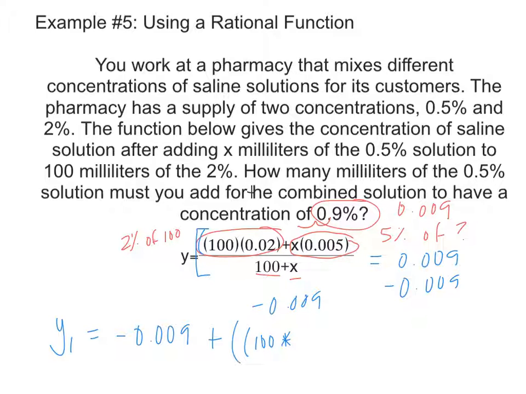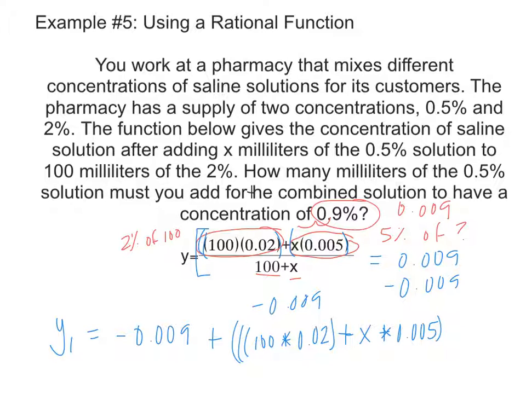and actually you need one more parenthesis just to be able to do this section here. So that's 100 times 0.02. Then you'll close that parentheses plus open parentheses for this one, x times 0.005.